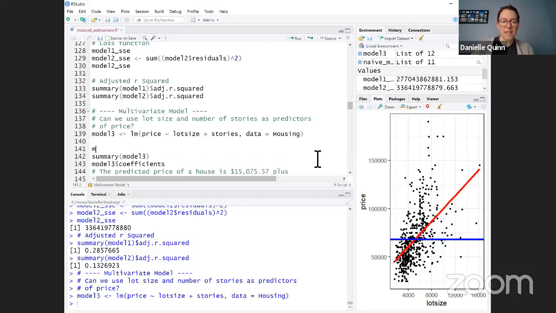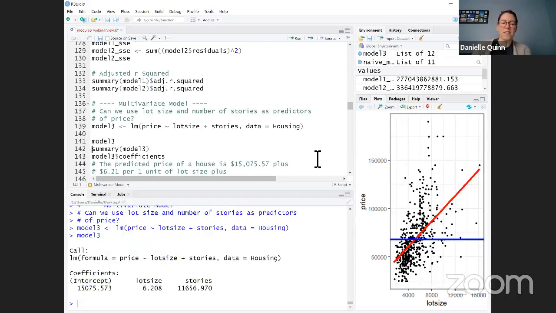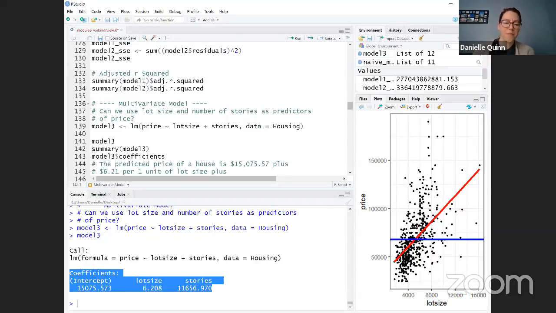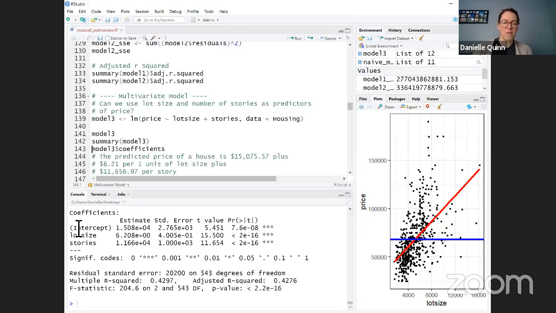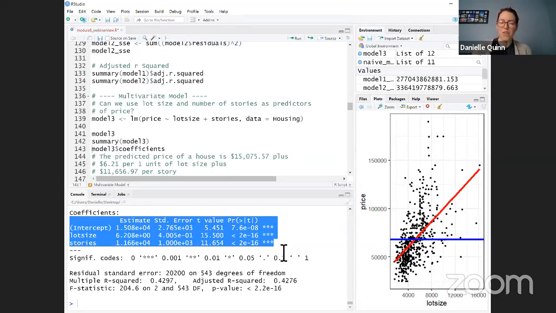And if we look at our Model 3 object, you can see that it doesn't get a whole lot more complicated, but we do get one more coefficient estimated. So we have our intercept, and then we have the slope associated with lot size and the slope associated with stories. If we look at a summary, you see we have more information because now we have 3 parameters we're looking at.